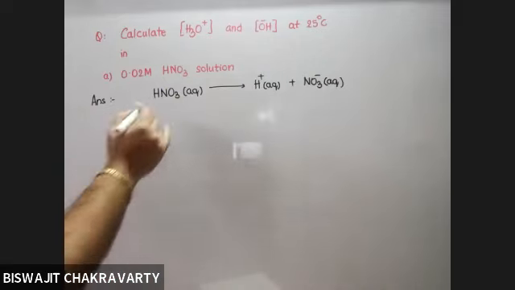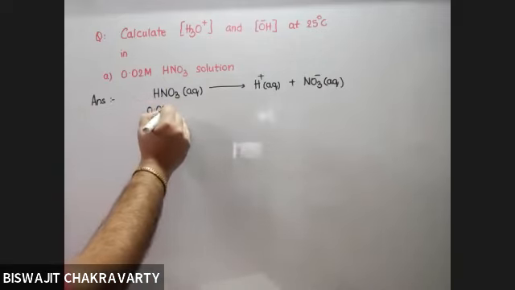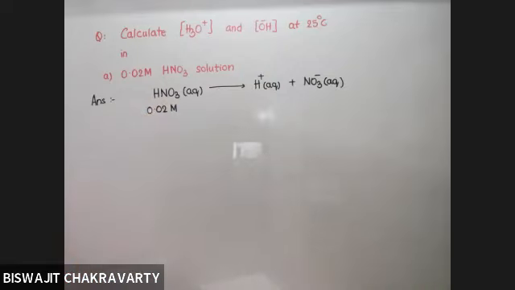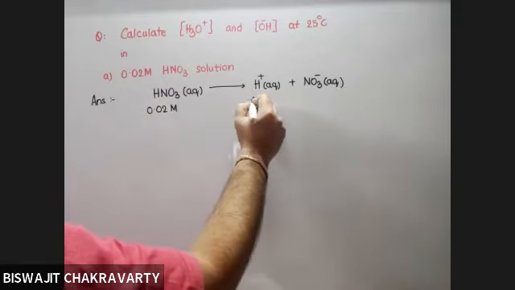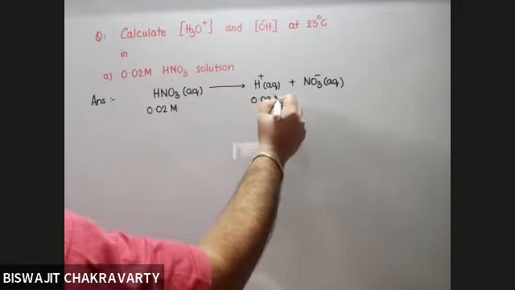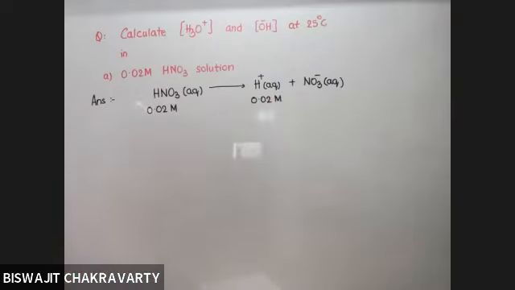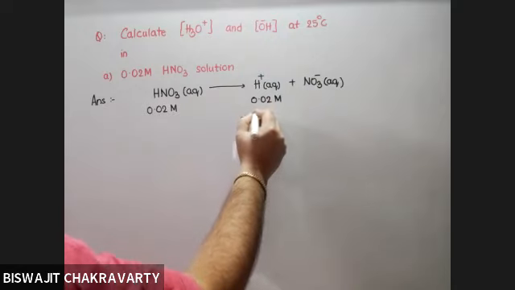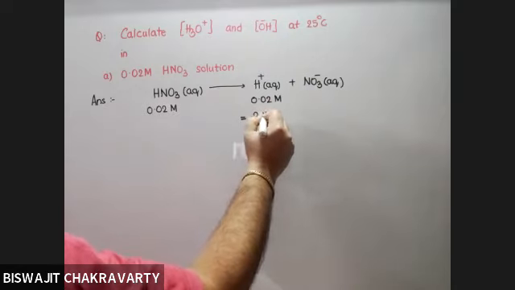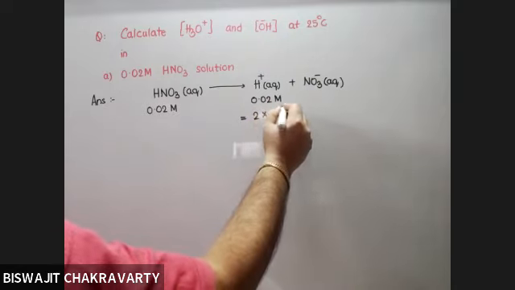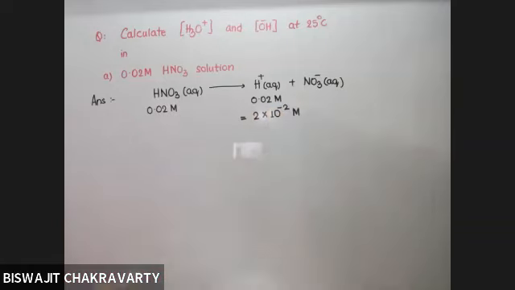So if the concentration of HNO3 is 0.02 molar, then H+ will be 0.02 molar. And H+ being 0.02 molar, in exponential form we can write it as 2 into 10 to the power minus 2.